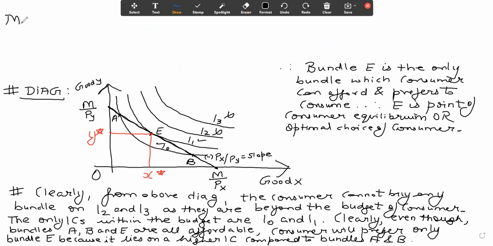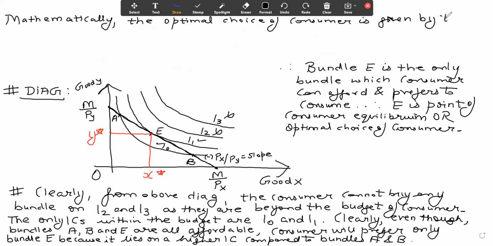So mathematically, the optimal choice of the consumer is given by the point at which slope of the indifference curve is exactly equal to slope of the budget line.